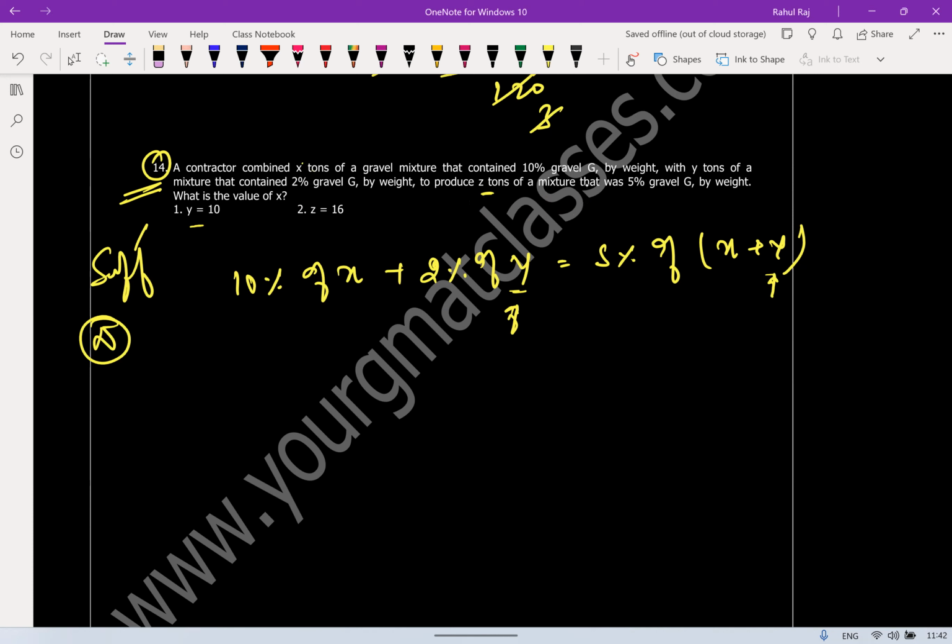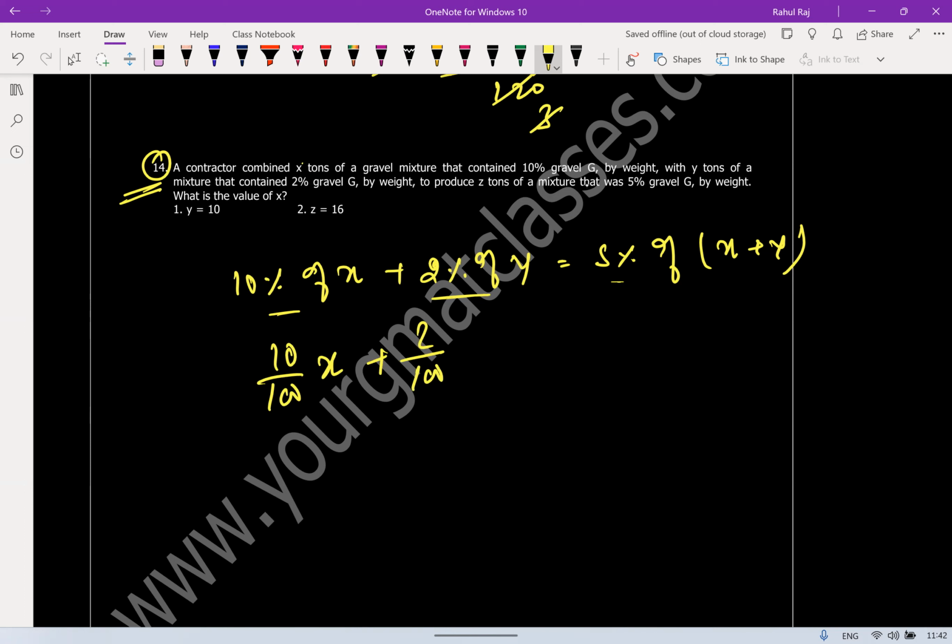If you didn't understand anything, I'll solve it. Don't worry. So how this equation has been formed, I hope this is clear. Because 10% of X is combined with 2% of Y to make 5% of Z. Z is nothing but X plus Y. So that is 10 by 100 X plus 2 by 100 Y is equal to 5 by 100 times X plus Y. The 100s cancel. 10X plus 2Y is equal to 5X plus 5Y.